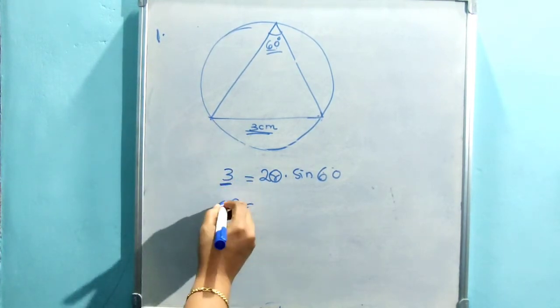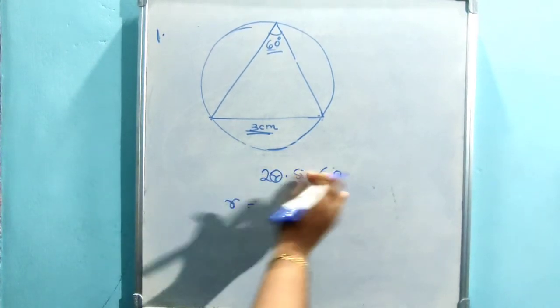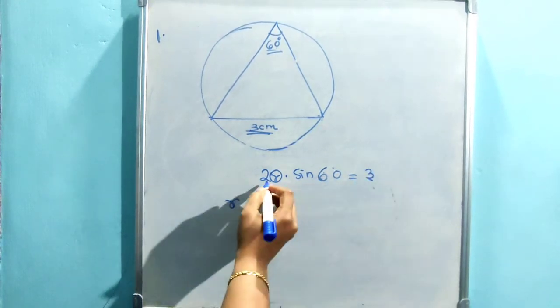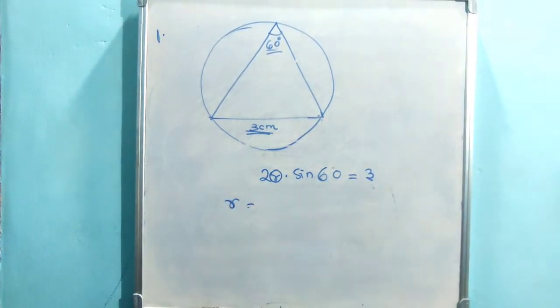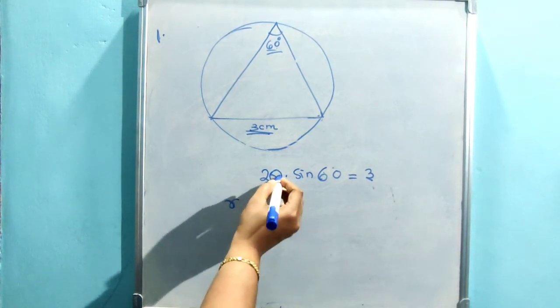Let me write this r first. If we have the equation 2r sine 60 is equal to 3, then move all other things to the right hand side of the equation, excluding r.